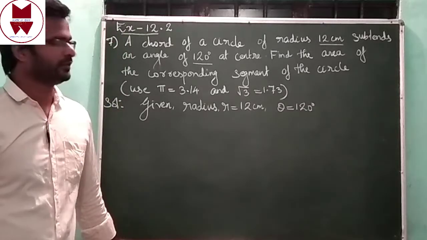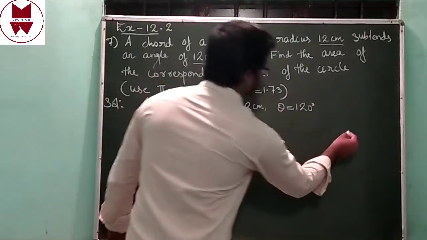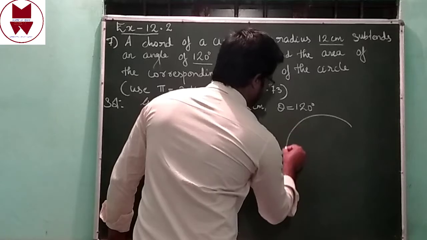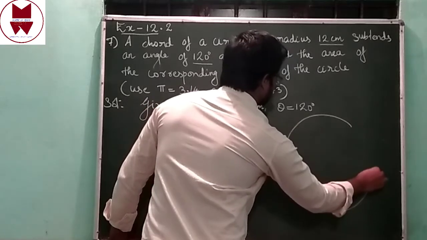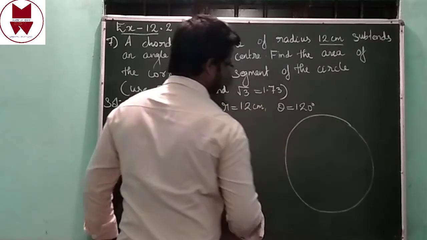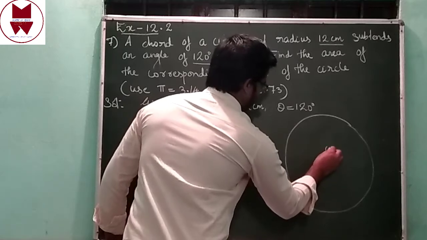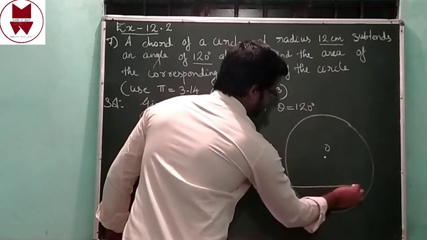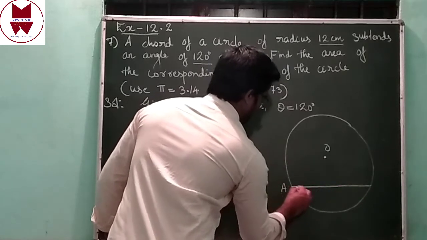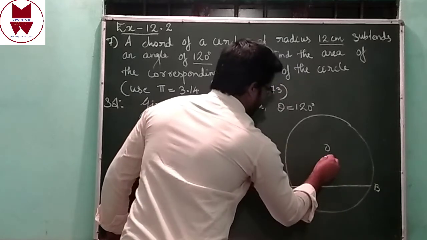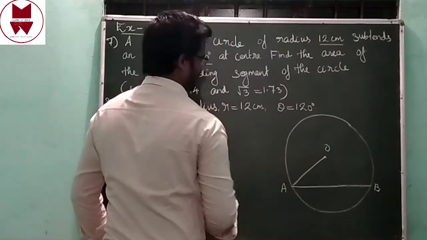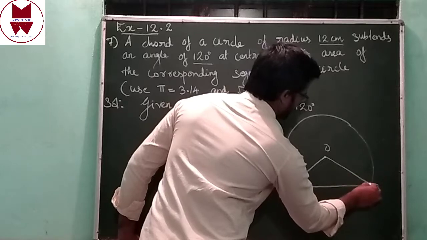These two things are given. We can draw one figure: one circle, center is O, one chord named AB. Join OA, which is a radius, and OB also a radius.